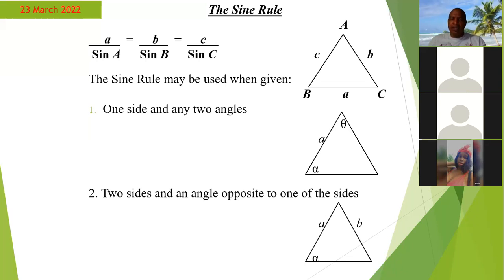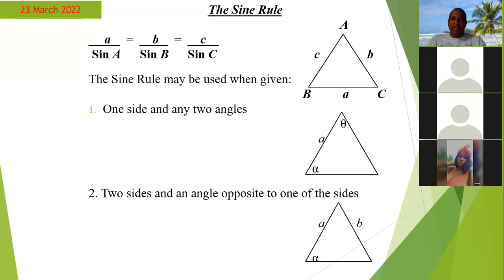Now, if you notice, when we were referring to the combinations in which we can be given 3 elements, I've listed 4 combinations. Of the 4 combinations, 2 are used with the sine rule, and the other 2 are used with the cosine rule, right?